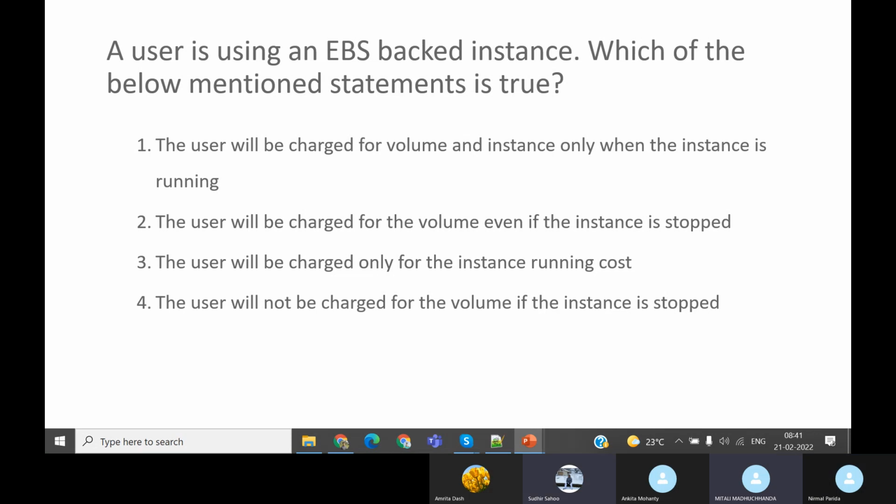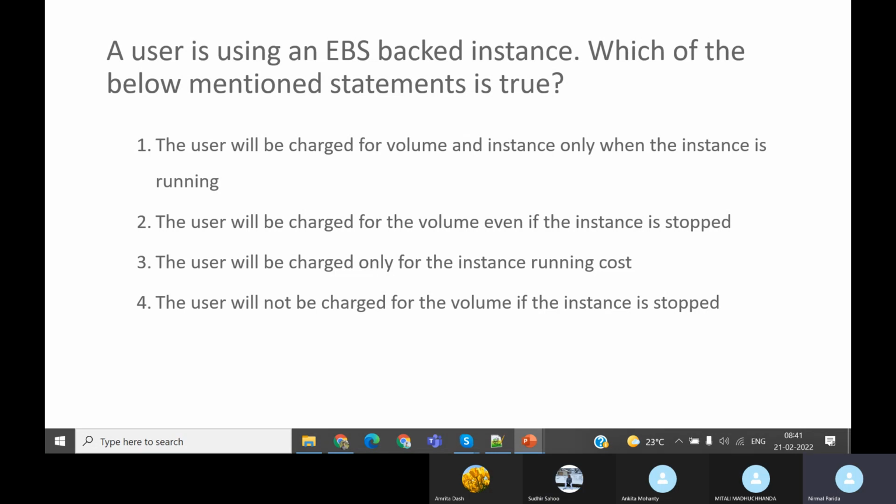Then I think option 2 is not related to the instance; it is related to your EBS volume. If it is an EC2 instance and you are not running it, AWS is not going to charge you anything, but you are blocking some volume, so I believe you have to pay for that. Yes, I think option 2 is right. Yeah, option 2 is the right answer.